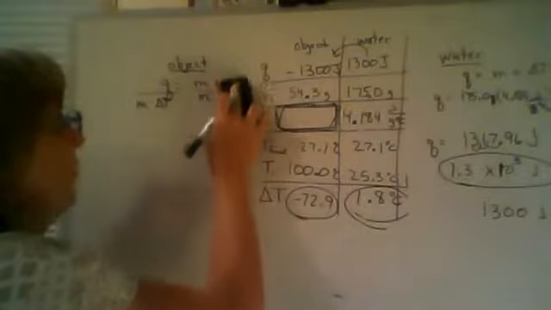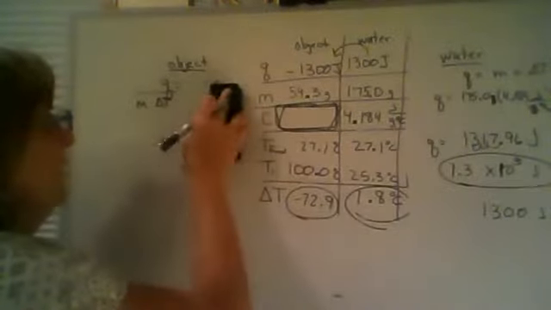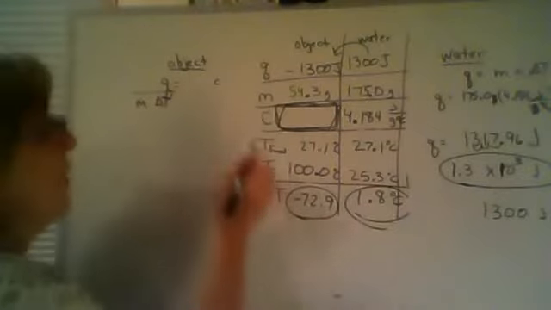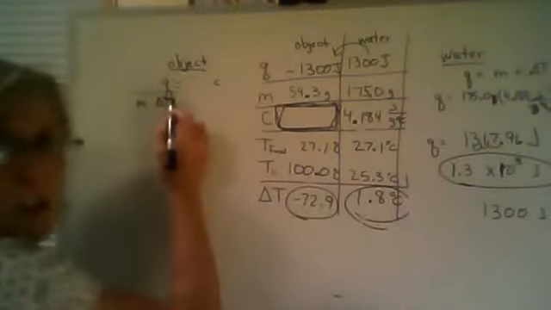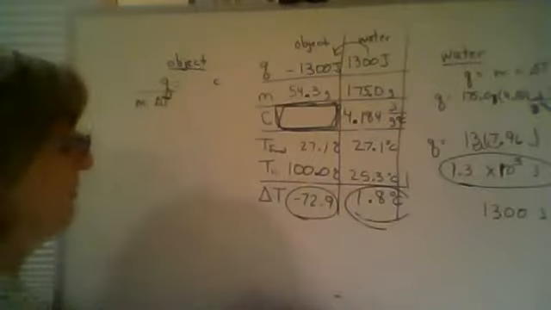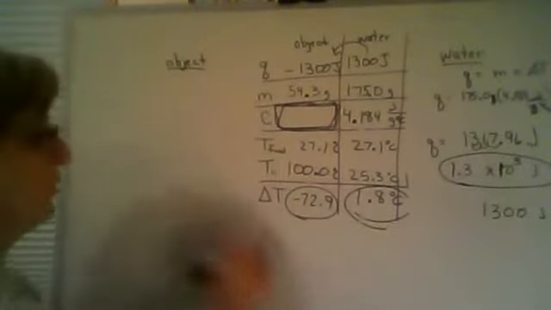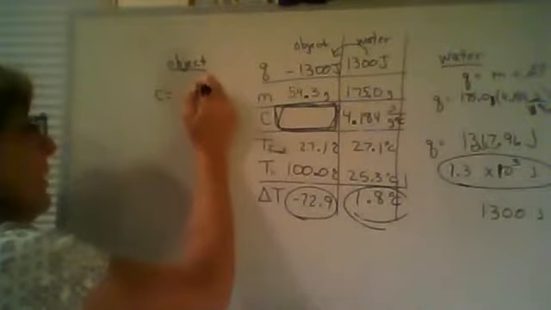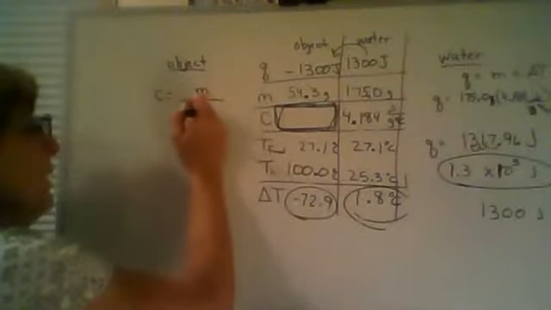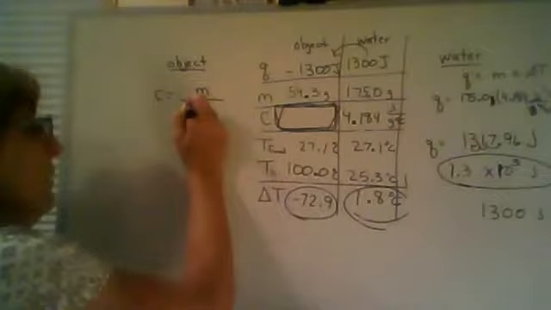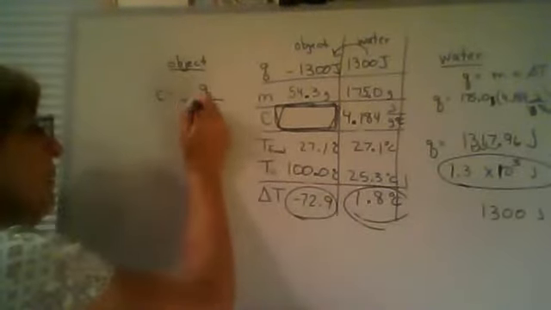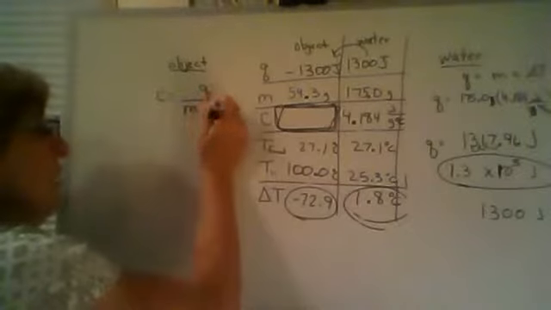Which makes that go away, that go away. Can you see how that happened? So now I have C equals Q divided by mass times delta T. I'm going to turn it around: C equals Q divided by mass delta T.